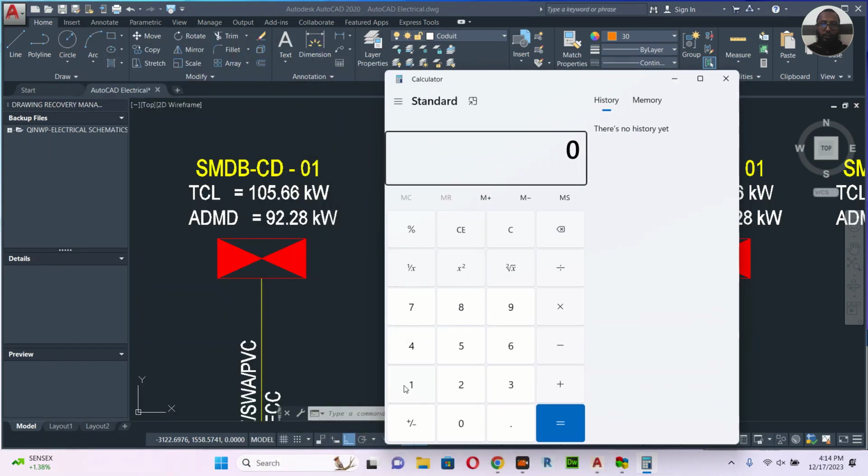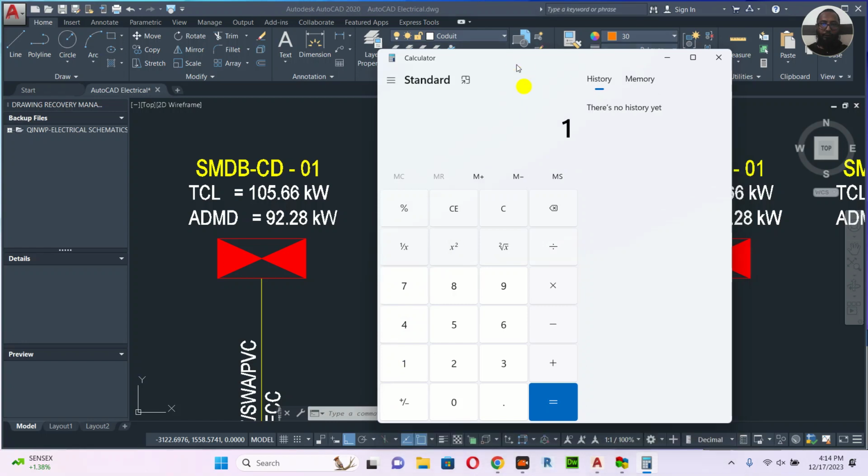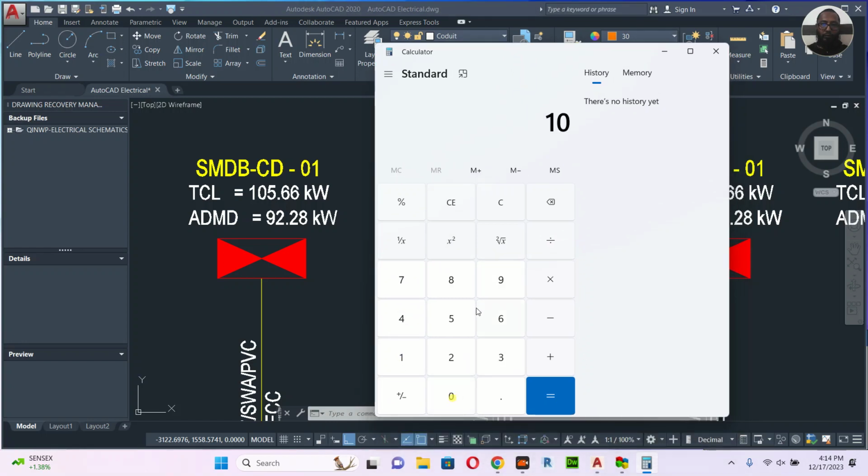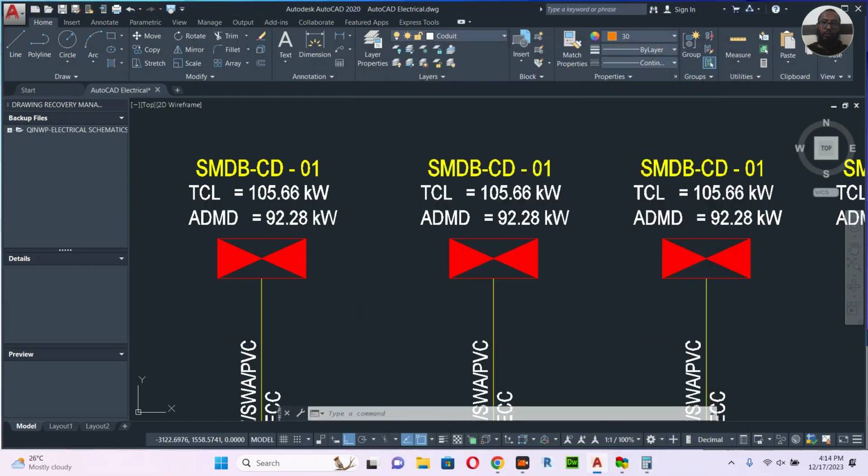So I will type 105.66 into 8. So I have total connected load 845.28 kilowatts.